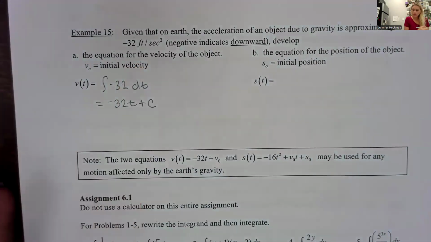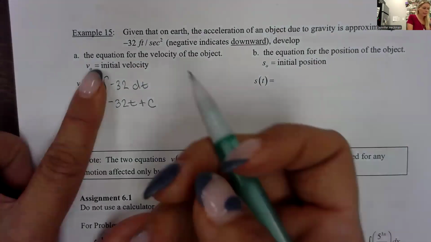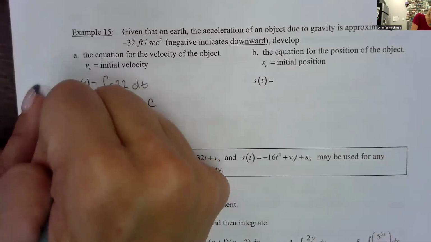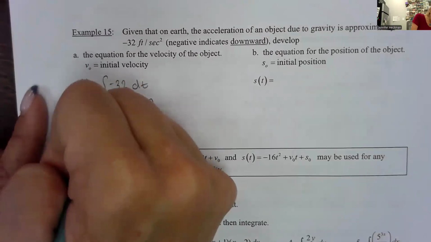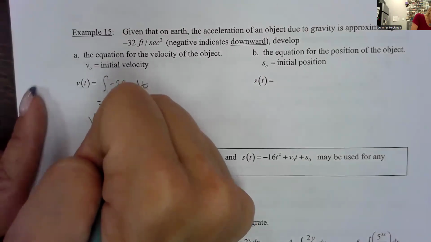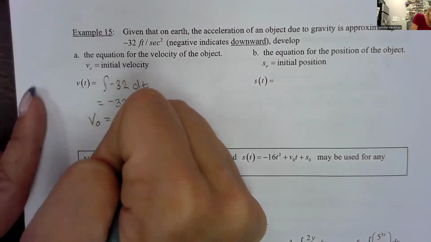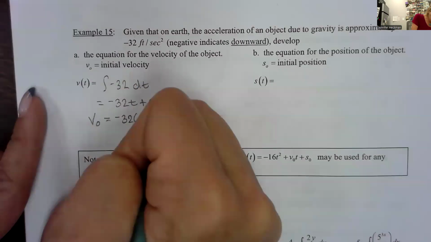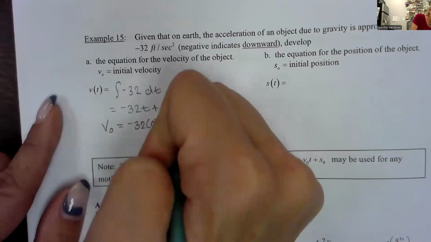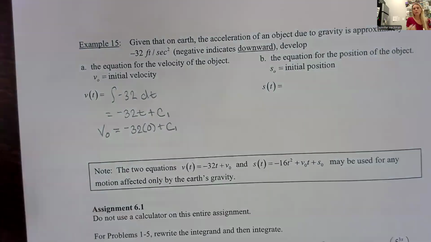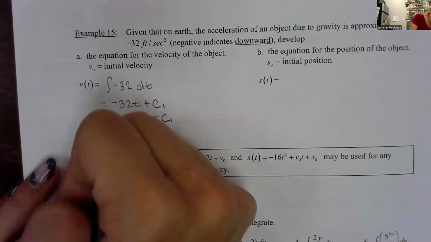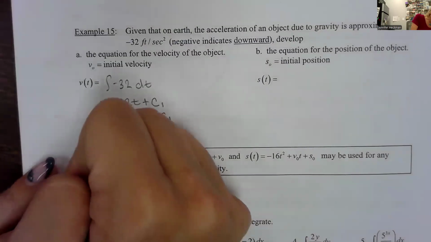Now, the initial velocity, this means that when I plug in 0 for t, I should get V subset 0 should equal negative 32 times 0 plus C. Now I'm going to do this again, so I'm going to put C subset 1, which means C subset 1 is V subset 0.